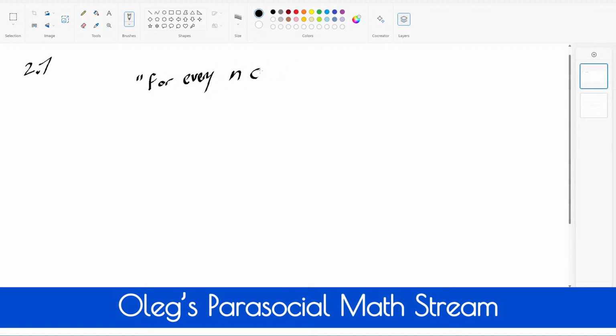For every n containing the integer set, 2n is even. And then we're going to say for all n containing the integer set, 2n, I understand now, is even.